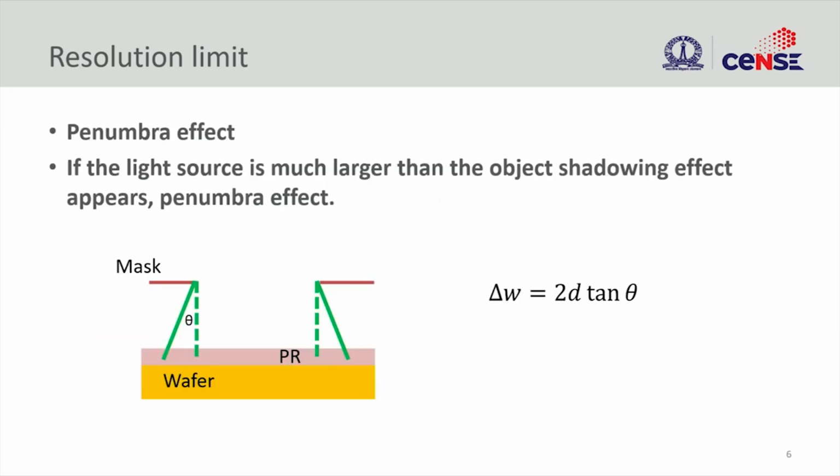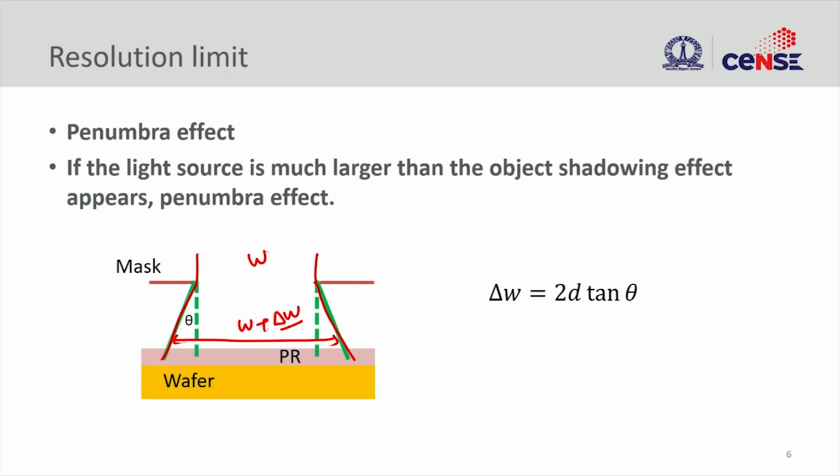And what is the effect of this gap? As I mentioned, you are going to have a larger width compared to what you have on the mask. So if the mask width is W, then you will have some delta W, right. So this is what you will get, W plus delta W, and this delta W depends on the penumbra effect that we all knew from high school physics, that any shadow will always cause this penumbra effect, right.